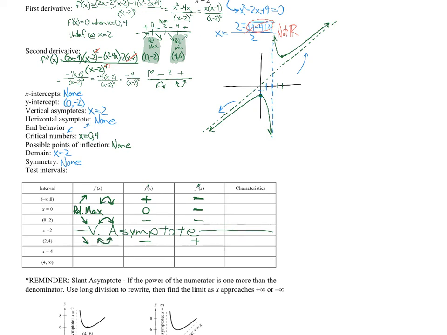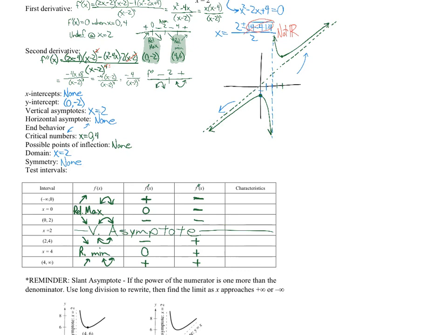At x equals 4, the derivative was 0. The second derivative was positive, so that means we have a relative min. And then from 4 to infinity, both derivatives are positive, which means we're increasing and concave up. Okay?